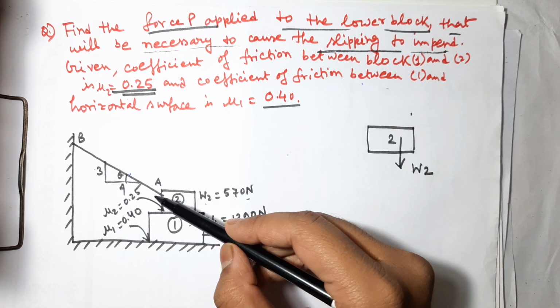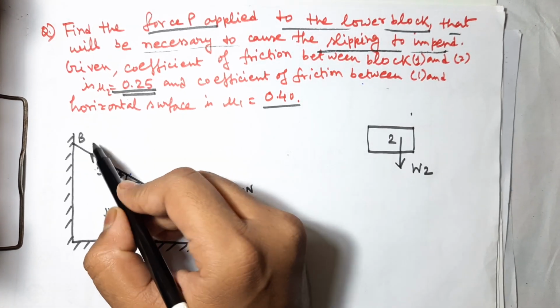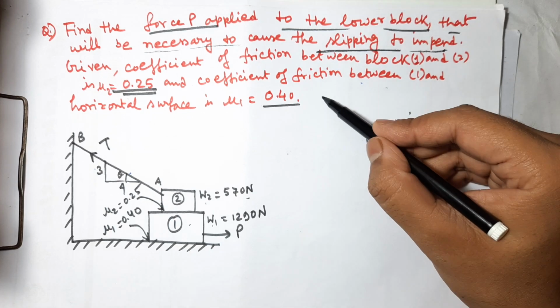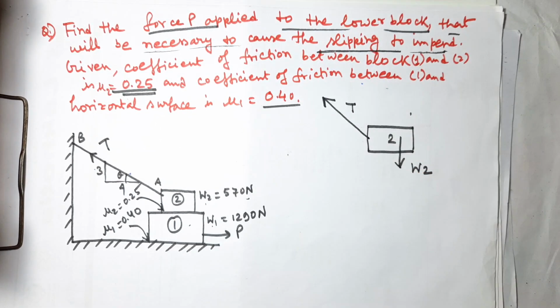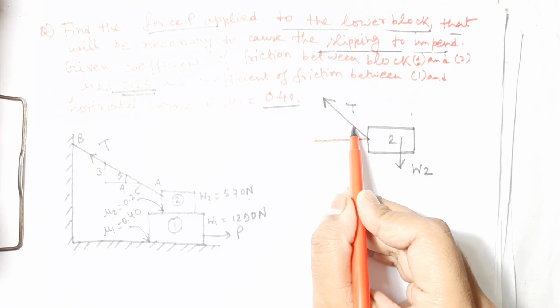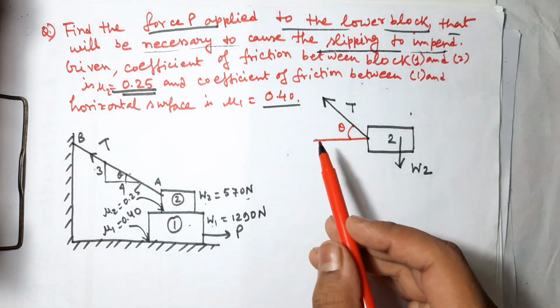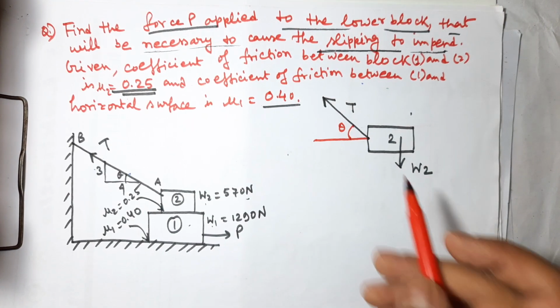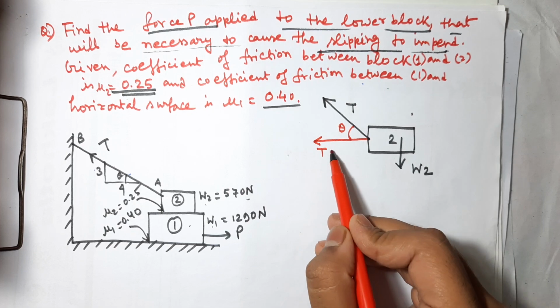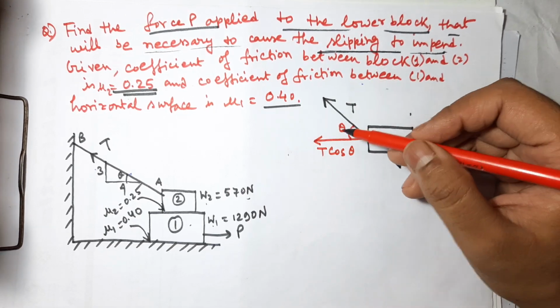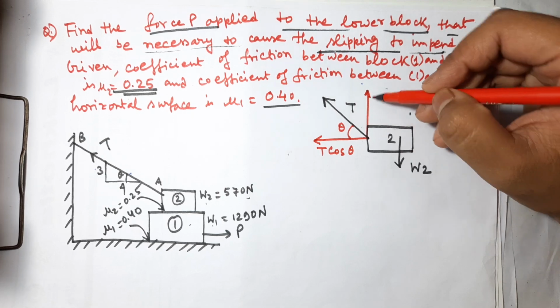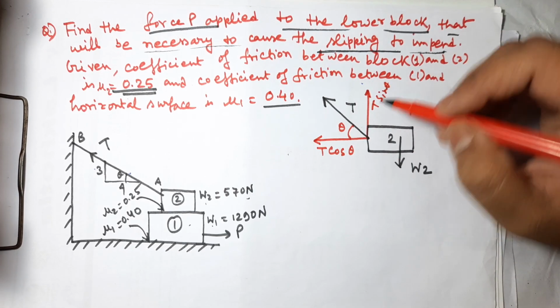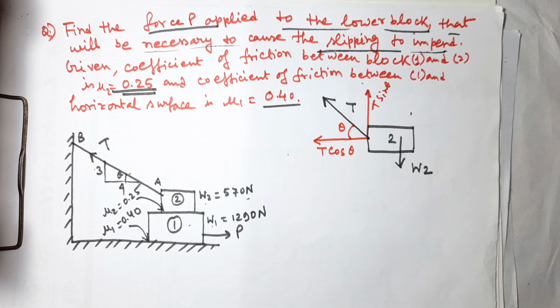The tension T is acting in this direction, and if this is theta, then the components are T cos theta and T sin theta. Now, what are the other forces?